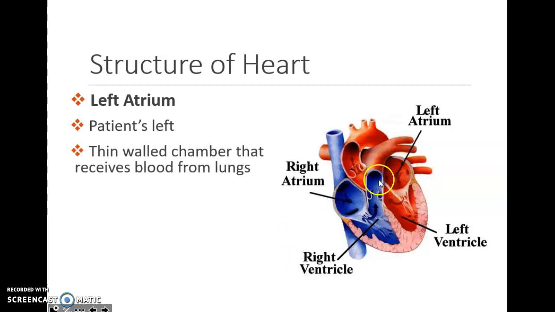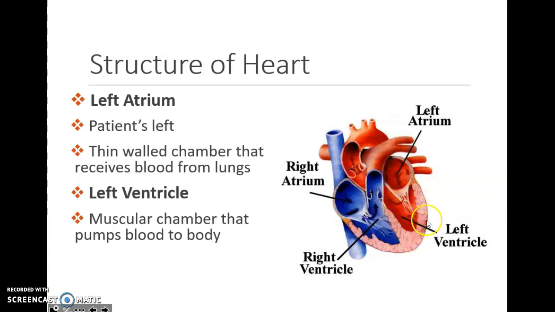And that is a thin-walled chamber that receives blood from the lungs. Then the blood is going to go through a valve and into the left ventricle. And that's a muscular chamber that pumps blood to the body. So you can see it's quite muscular because it needs to pump the blood through the aorta to the body, where it has all the oxygen and delivers that to all the body cells to keep you alive.